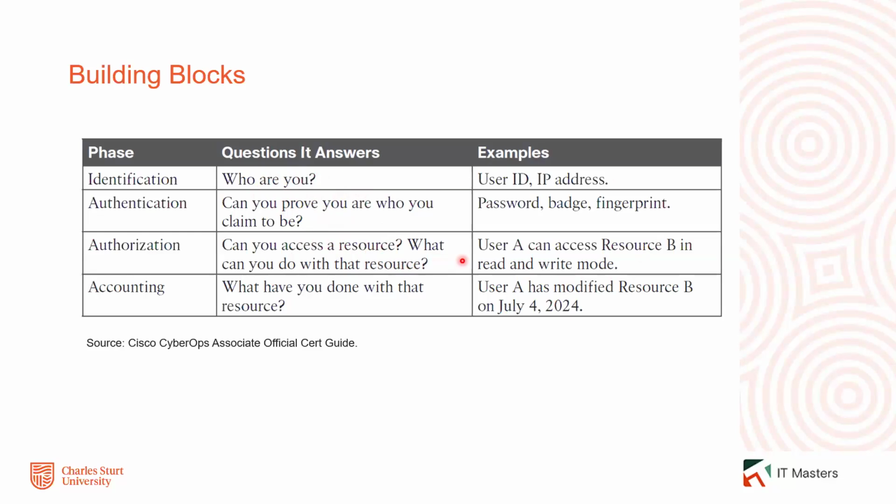So can they just read? Can they read and write? Can they change things? Can they move it? What can they do with it? So an example, user A can access resource B in read and write mode, would be something that would come up. And then lastly, there is accounting.